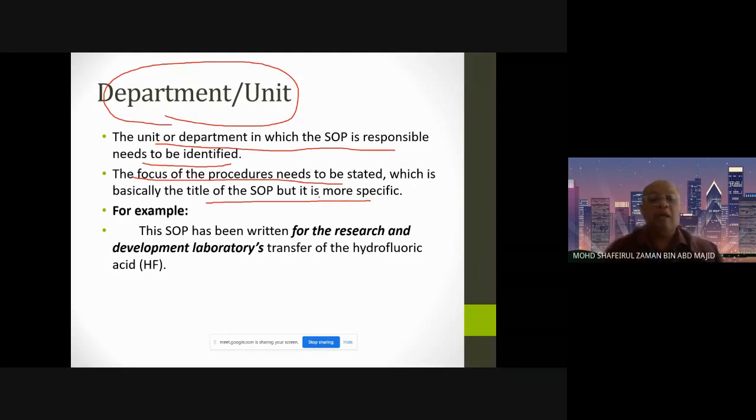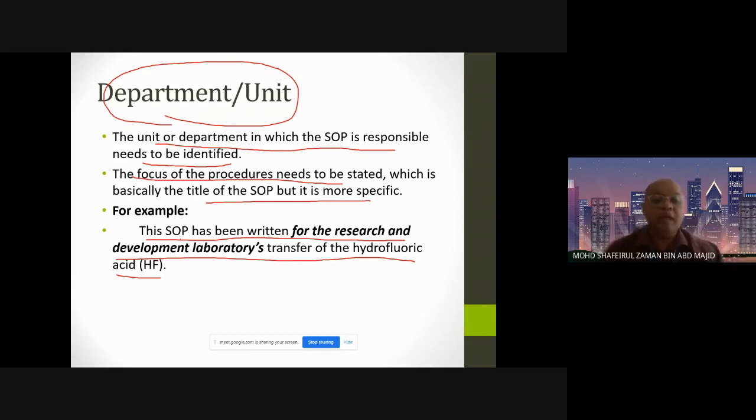For example, in the department or unit, you have to write it like this. This SOP has been written for the research and development laboratories transfer of the hydrofluoric acid. So for the department or unit component in the SOP, you are supposed to write it like this.